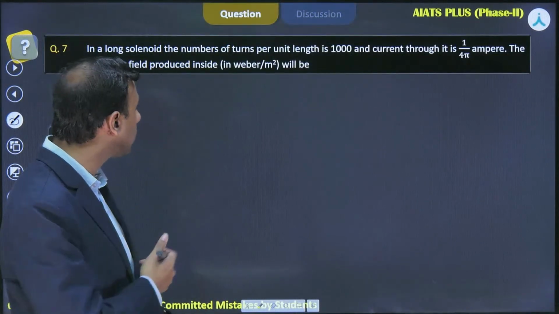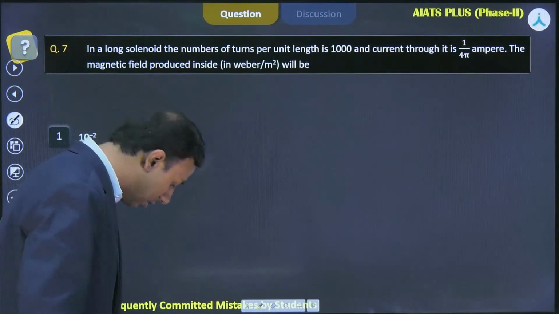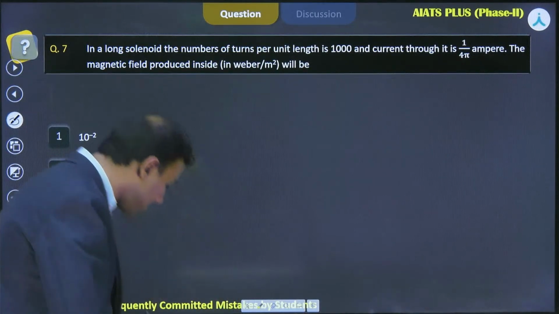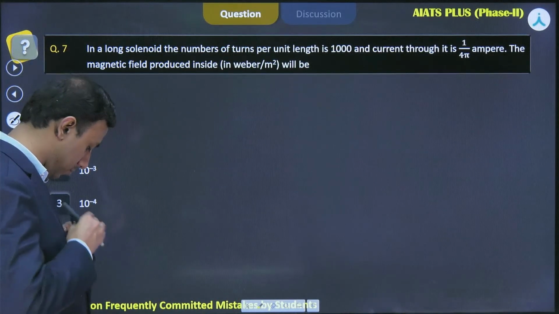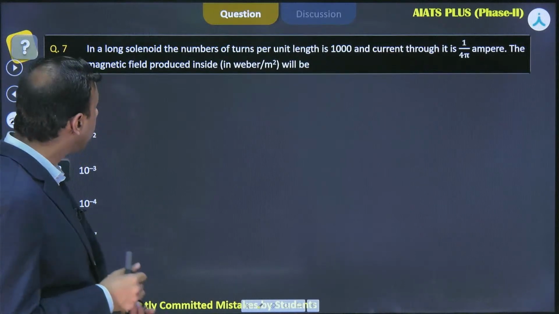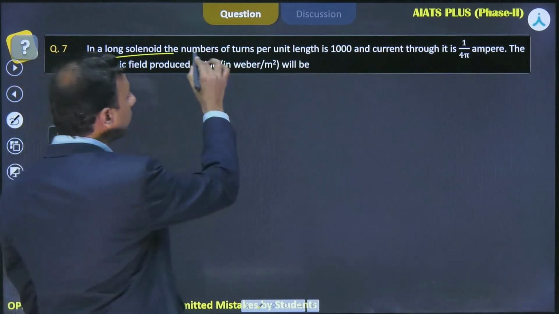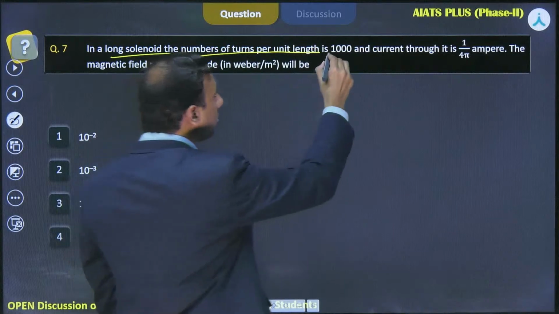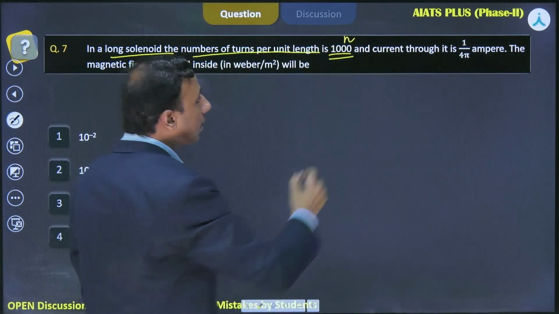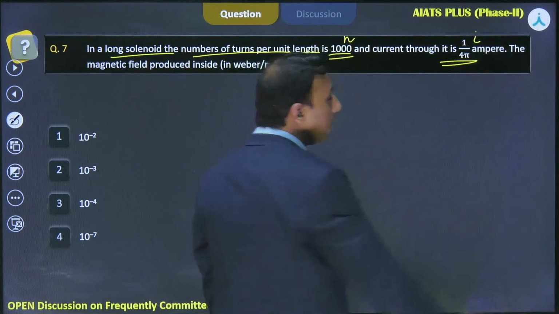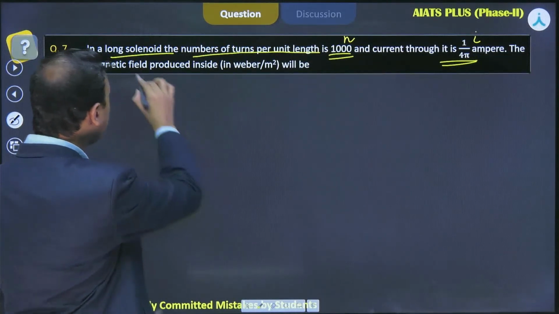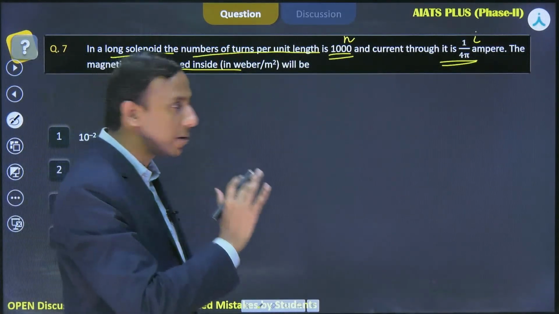Okay, so let's say, for example, you have a question. A long solenoid, number of turns per unit length is given. This becomes your N. Current is given. This becomes your I. And the magnetic field, they are asking inside the solenoid. Simple formula you have to use, right?